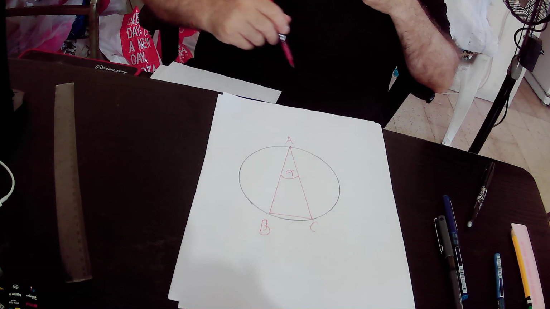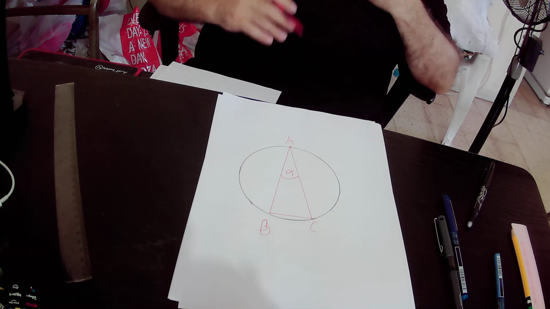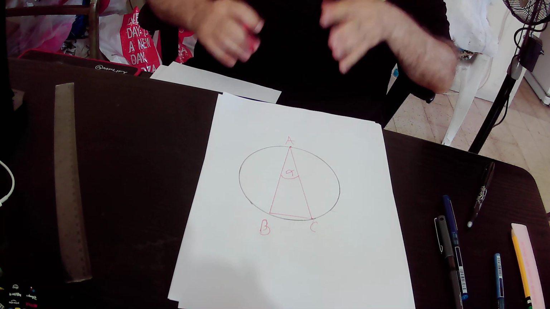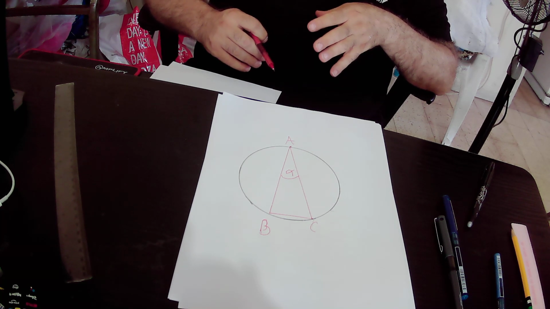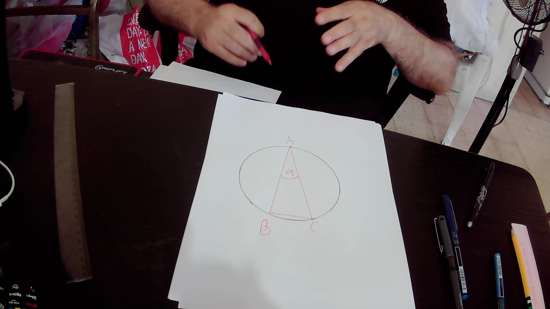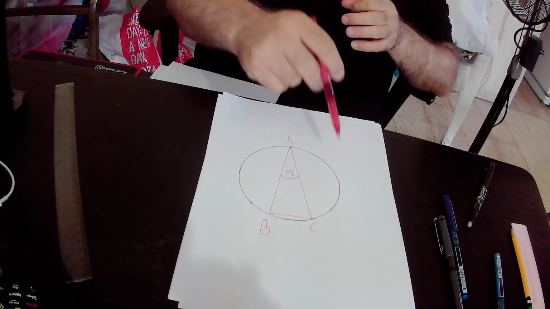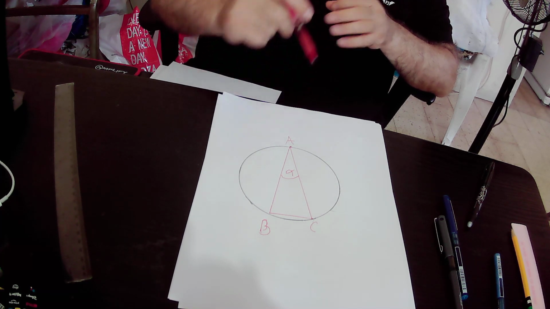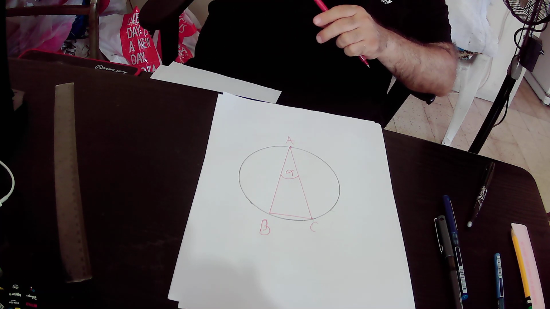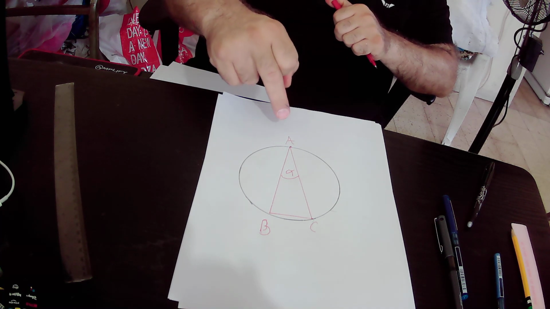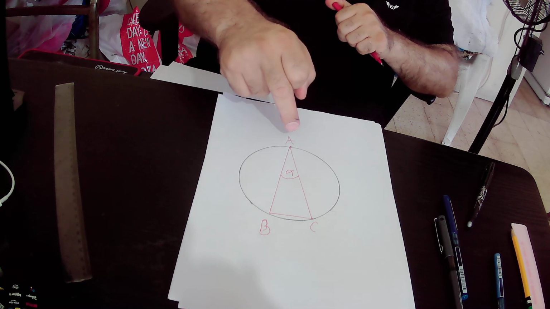Okay, so this is an example of a peripheral angle. You can see that a peripheral angle is an angle that is inside the circle, and its vertex is on the circle.